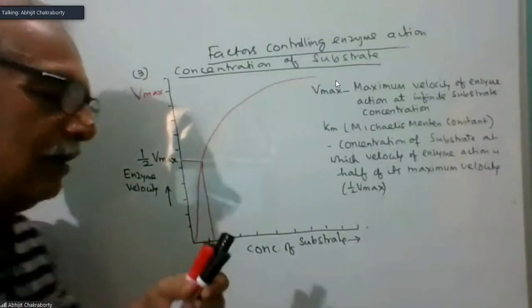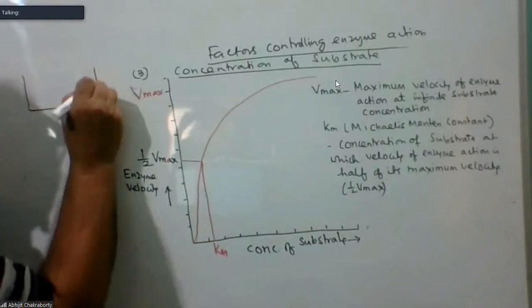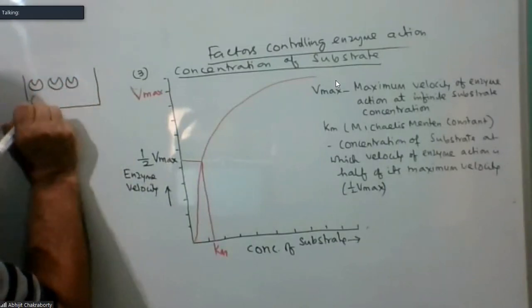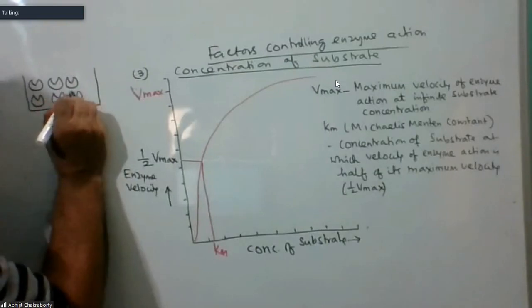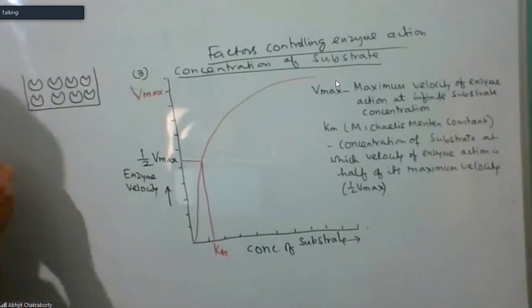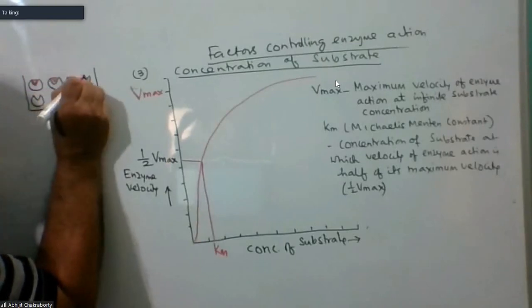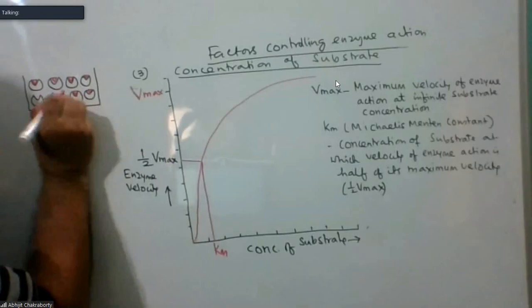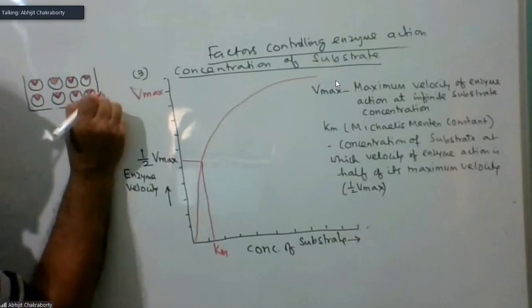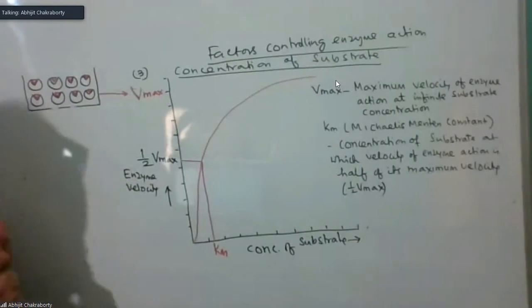If there are 6 enzymes like this, I am telling you, and all active sites are occupied by the substrate, then you will get the Vmax.